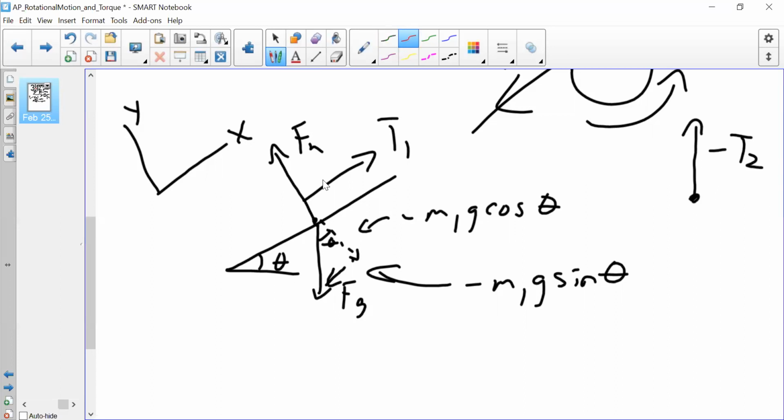So for this orientation, acceleration's up. This orientation, acceleration is down. So all the forces moving with are positive. So keeping that consistent, all things consistent there.